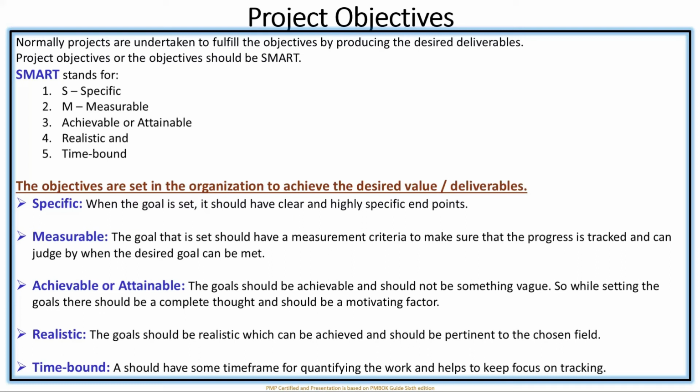Achievable or attainable, that is very simple. The word itself says achievable or attainable. Whenever we define a goal, that goal has to be achievable. We cannot define vague goals, or just for namesake define goals and say that I have created the objectives and now you do it. No, you are creating an objective in the organization.